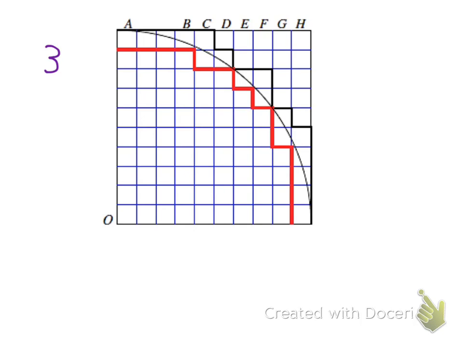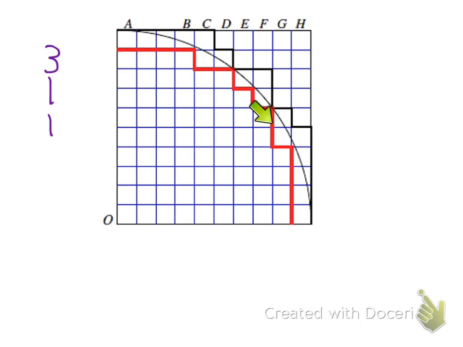So maybe 3 extra. If you look at columns C and D, probably there's another one right there. Let's keep going. E and F, these look like 2 halves that were inside the circle, so that'd be another one right there.